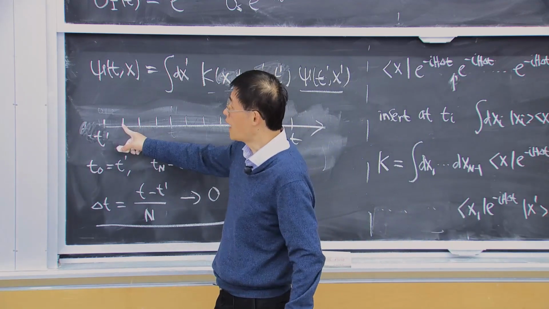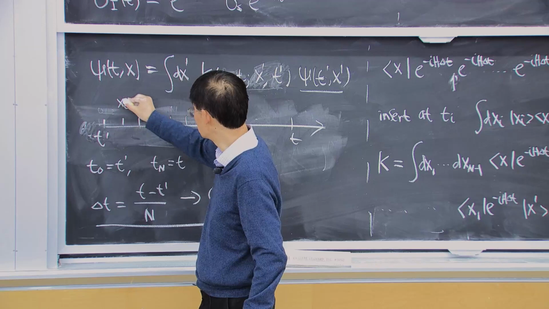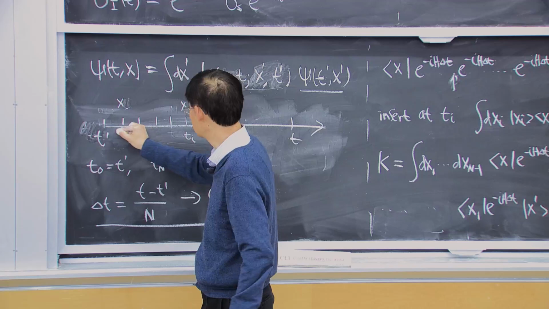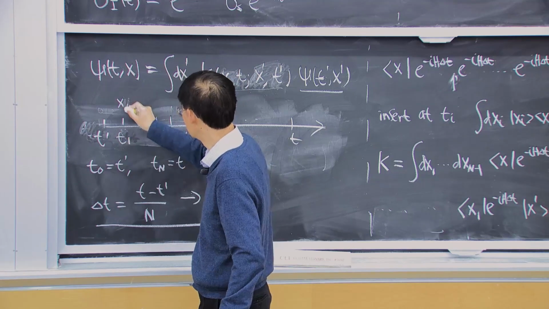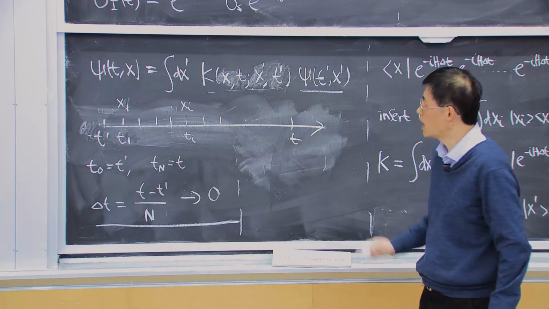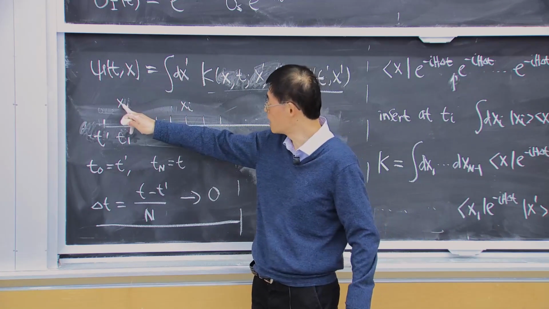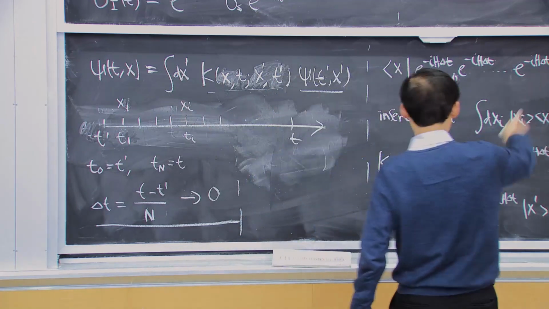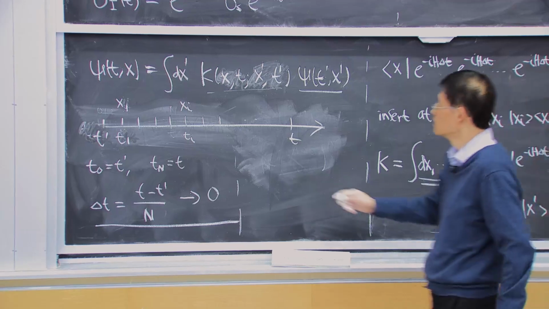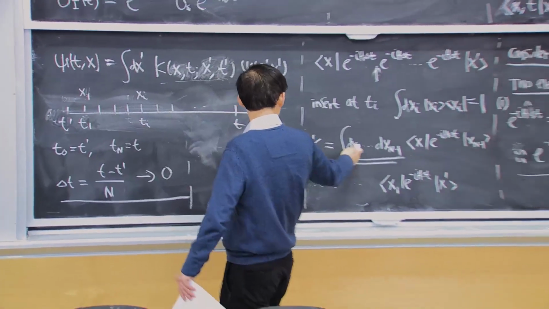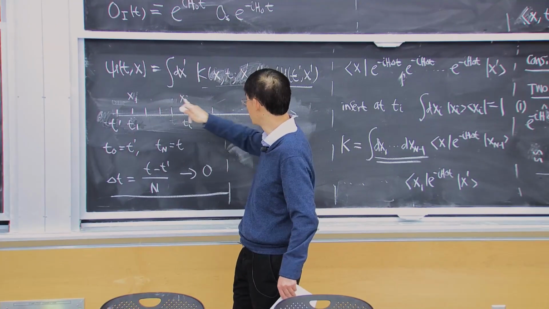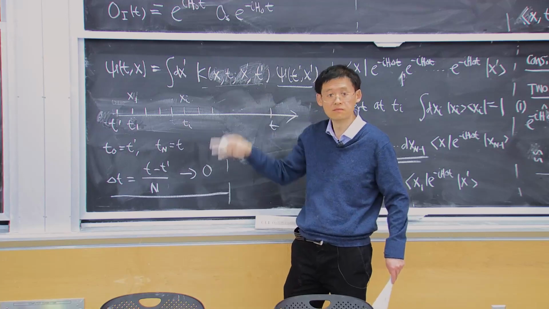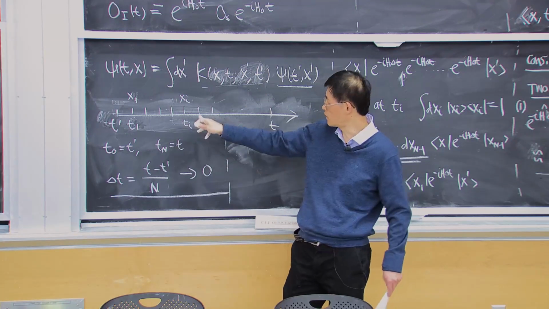So at each t_i, we insert the x_i. At t1, we insert x1, etc. Now you imagine, for each value of x, because in the end we need to integrate over all possible x, for each particular value of x1, x2, x3, up to xn, we can view it as a function of t evaluated at that point.